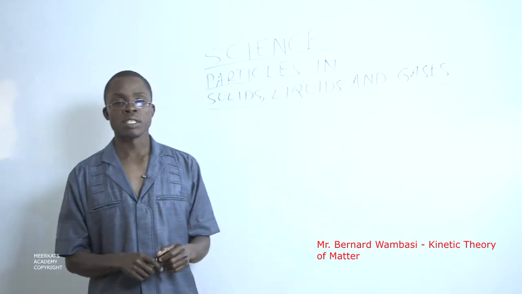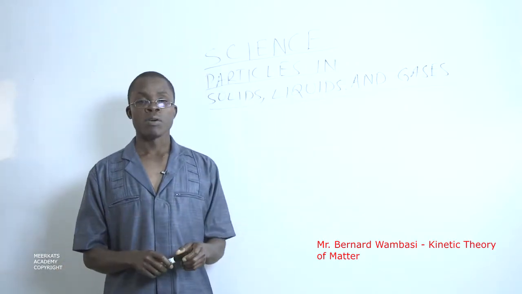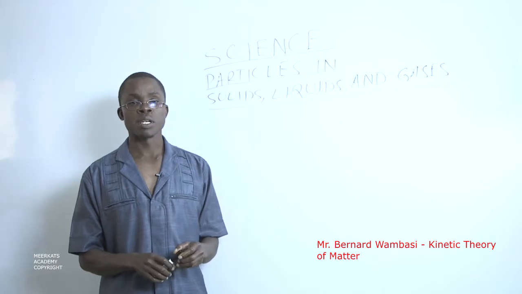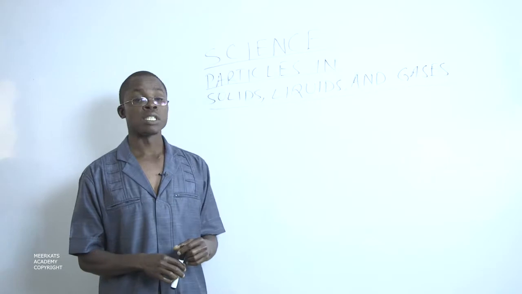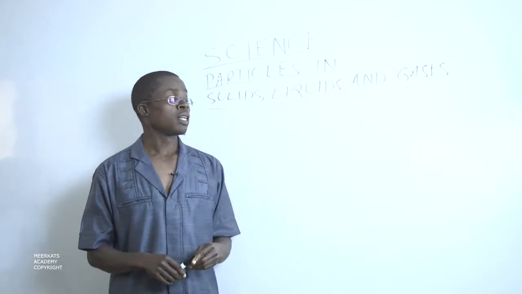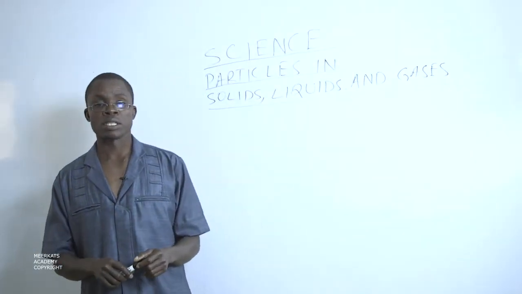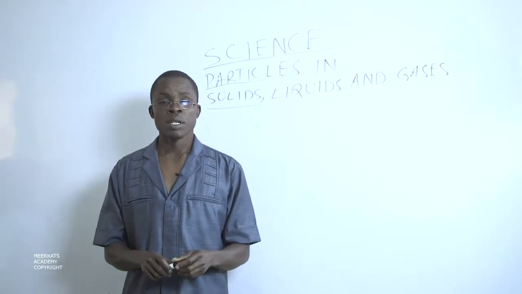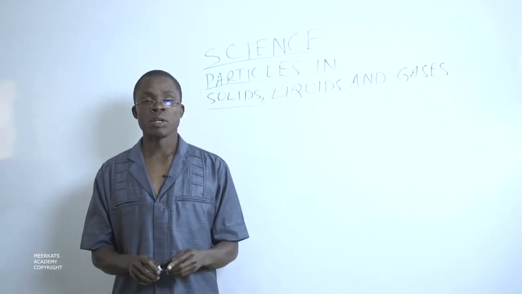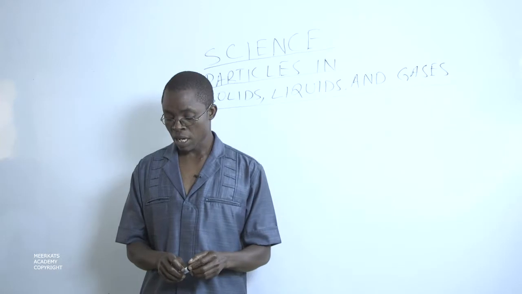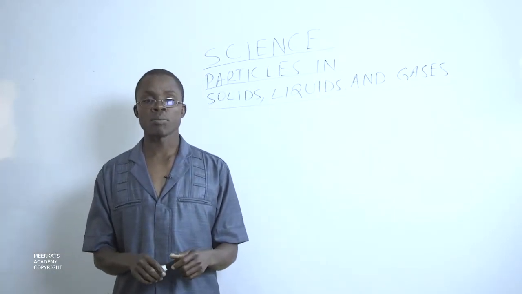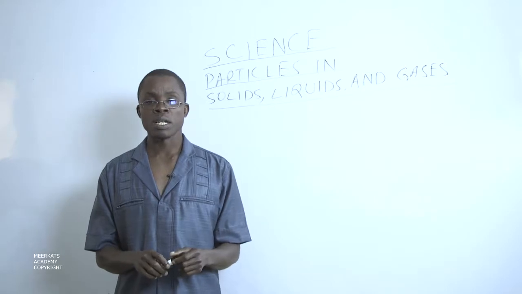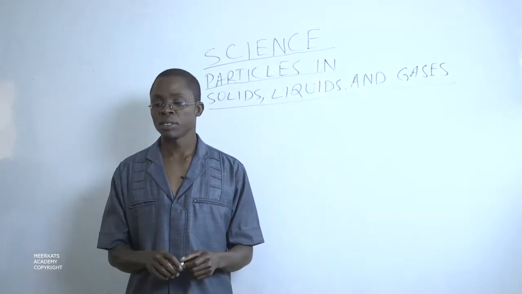Today in our science class, we are going to look at a new topic about particles in solids, liquids, and gaseous state. In our previous lessons, we defined the term matter as anything that occupies space and has mass.